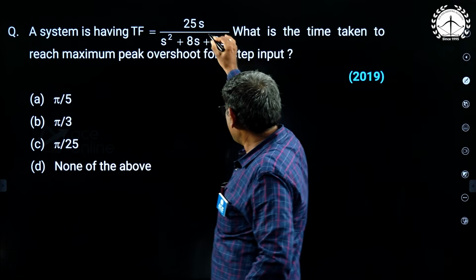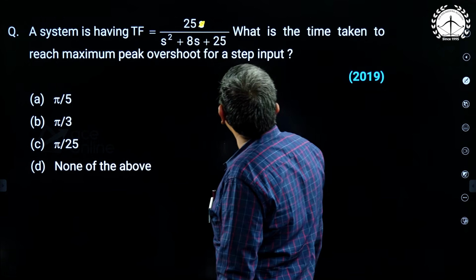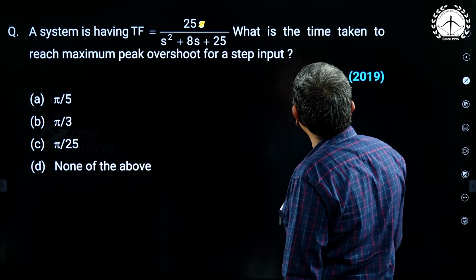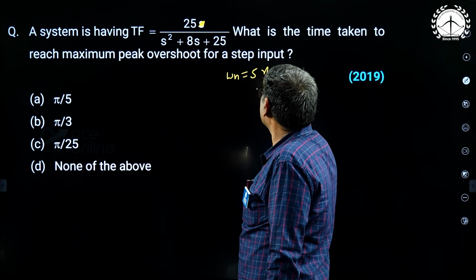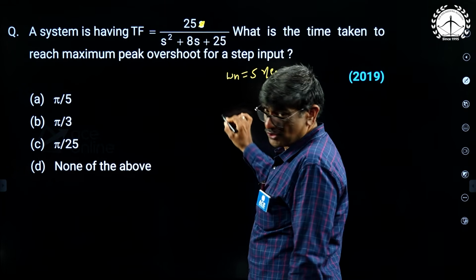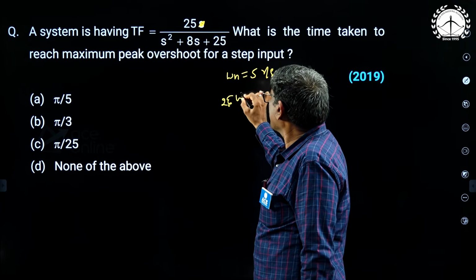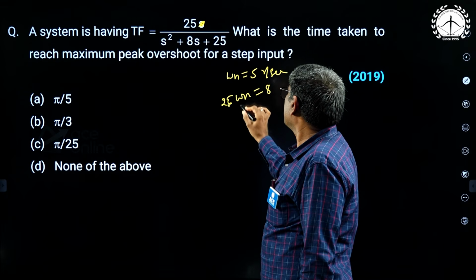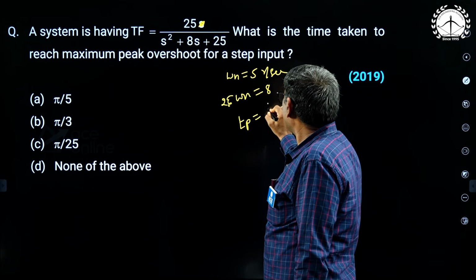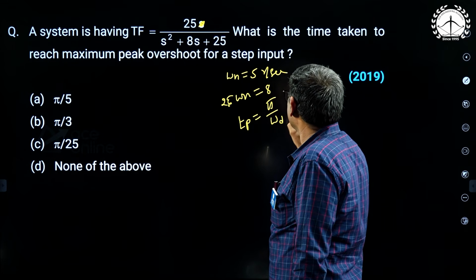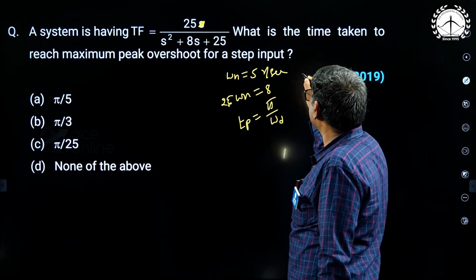Next. Here there is no s. A system has a transfer function, and you have to find the peak time TP. Omega n is 5 radians per second, and 2 zeta omega n equals 8. What is the formula for TP? Pi by omega d. So you have to find the zeta value.